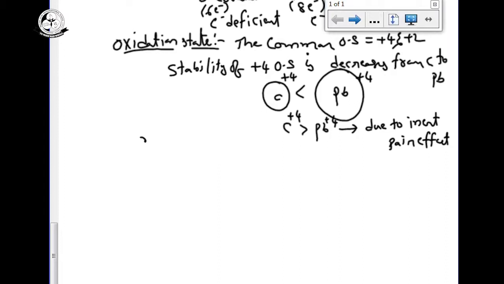The general electron configuration for the group 14 elements is ns2 np2.